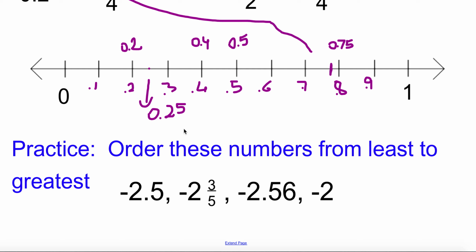After you convert them, this is going to be negative 2.6.